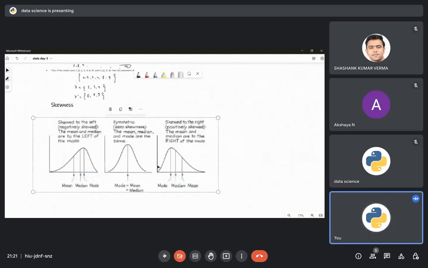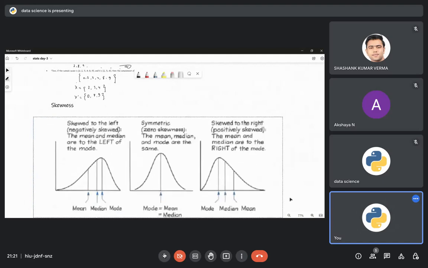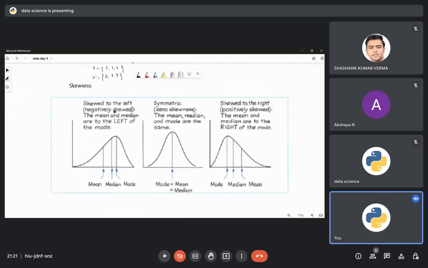I was talking about this term. Okay, so you can see this is skewness. This is skewness to left, negative skewed. So you can see this data is very skewed on the left side. Are you guys able to see this?